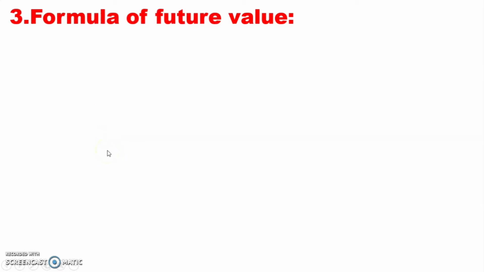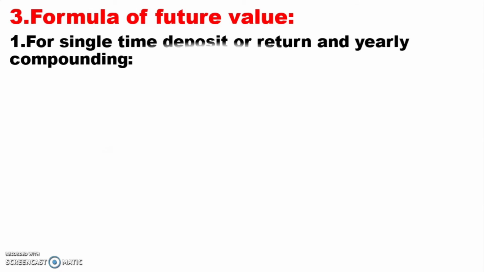Now we will practice two formulas of calculating future value. Formula number 1, for single time deposit or return and yearly compounding: future value equals PV into (1 plus I) power n.